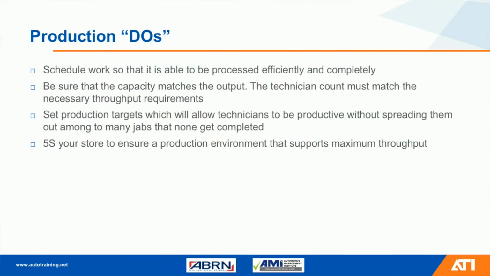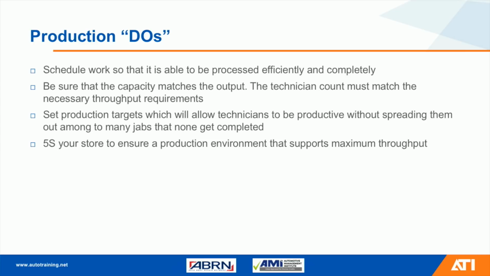So some of the production dues, we want to schedule work so that it's able to be produced efficiently and completely. Be sure that the capacity matches the output. The technician count must match the necessary throughput requirements. So I need to have enough technicians to produce enough hours to make sure that I can reach the financial goals that I have for the store.